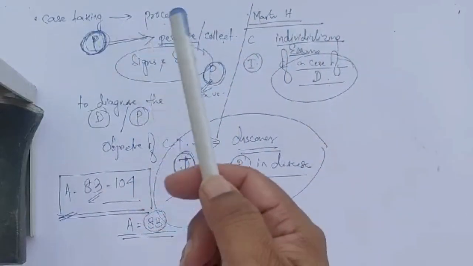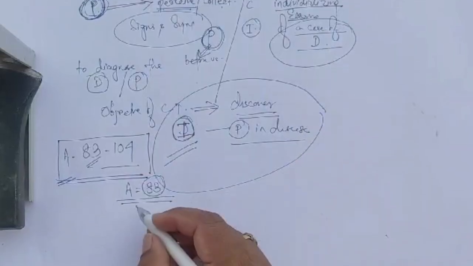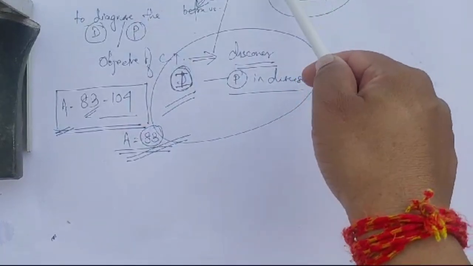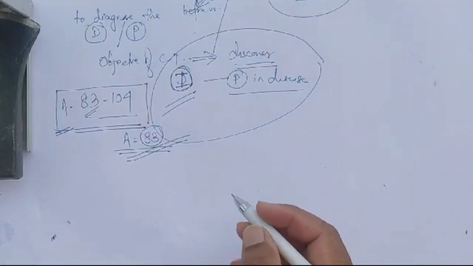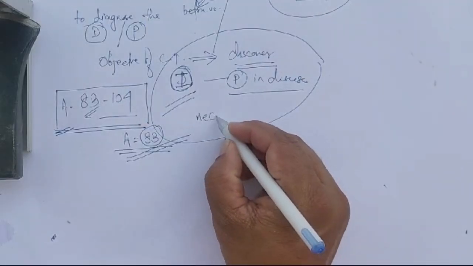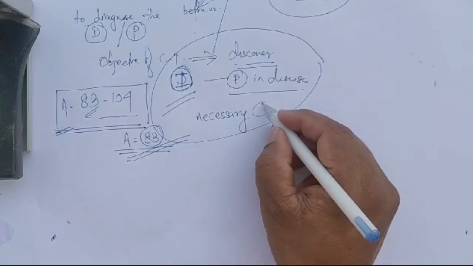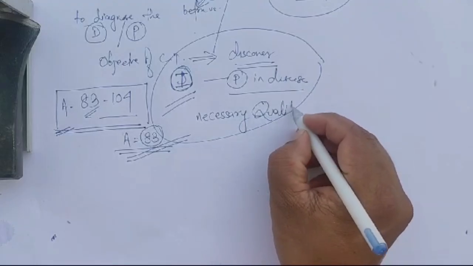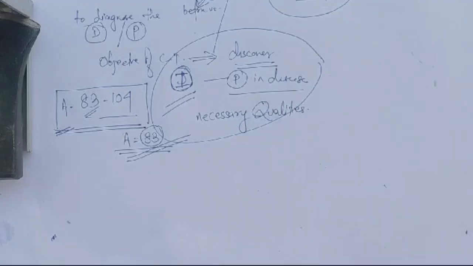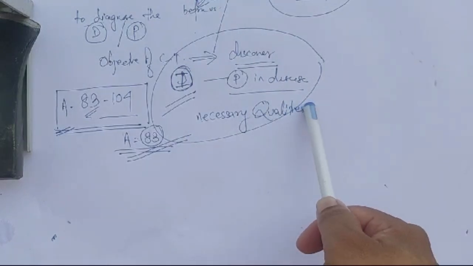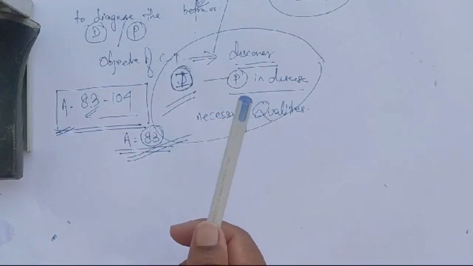So that is a criteria. In the same way, to conduct an individualizing examination of a case of a disease, you have to have some necessary qualities. This is compulsory. What are the necessary qualities to conduct the individualizing examination of a case of a disease?